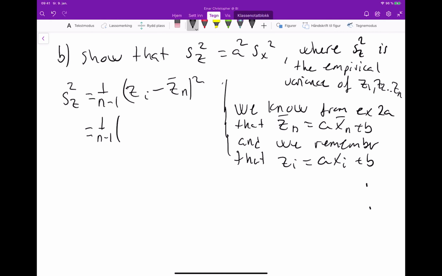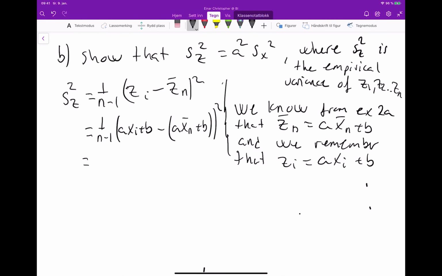So then we replace zi with A xi plus b minus, and we replace zn bar with A x bar n plus b in the power of 2.